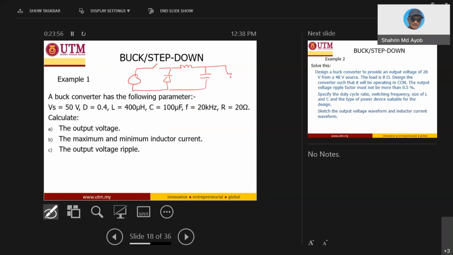This is the buck converter. You need to know the location of the switch, the diode, and the inductor. For boost converters, the location of the supply and the capacitor is the same. The only locations that change are the diode, inductor, and the switch. So for the buck converter, you need to memorize the location of the switch, diode, inductor, like this.